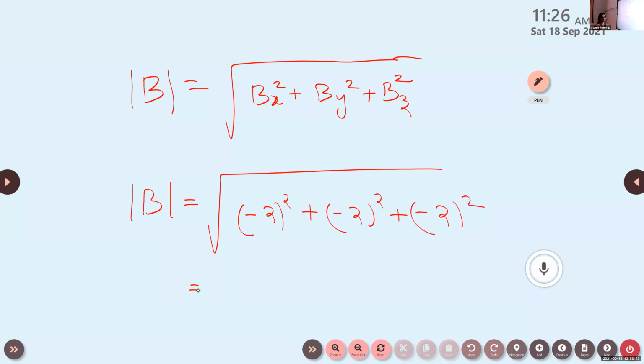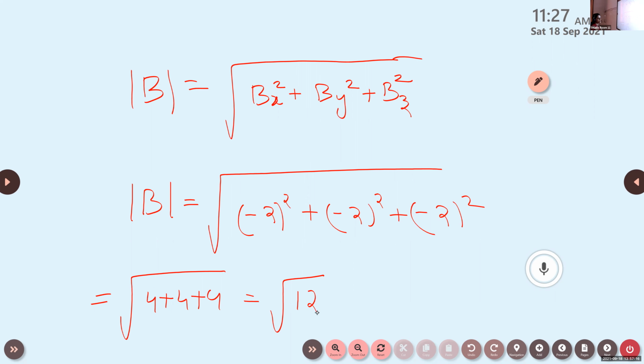That is equal to root of 4 plus 4 plus 4, that is equal to root 12.